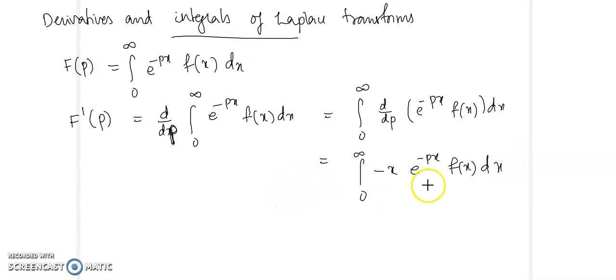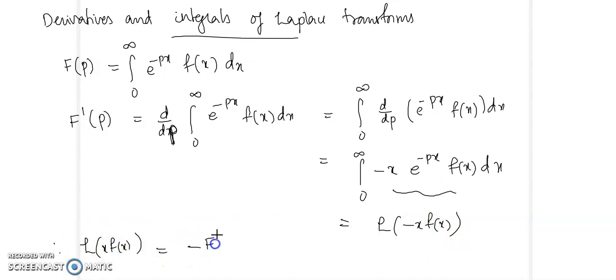So now this integral will be actually the Laplace transform of minus x into f of x. So therefore L of x into f of x is going to be equal to minus F dash of p.